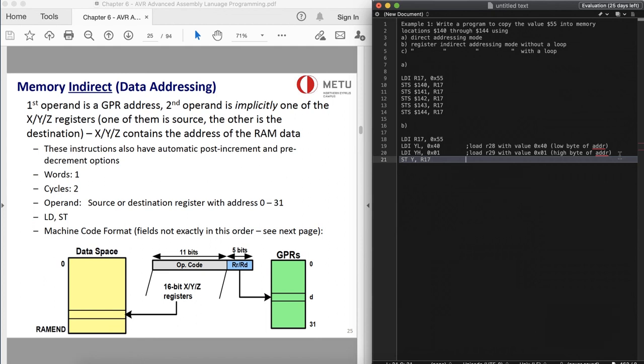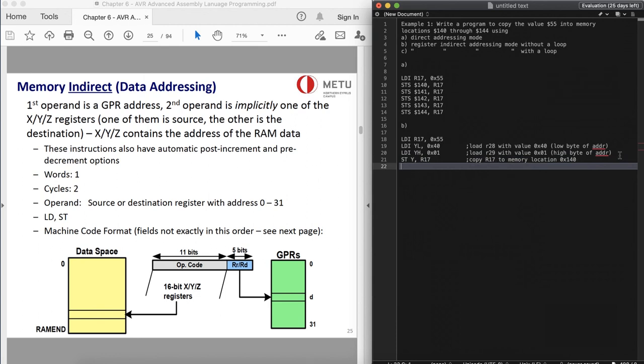Now we can say, copy R17 to memory location 0 hex 140.